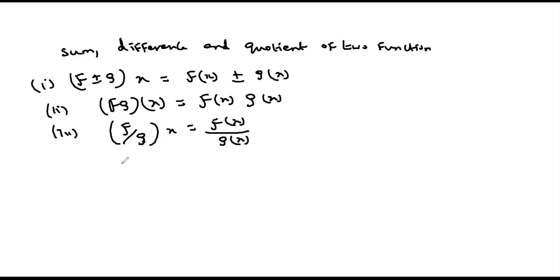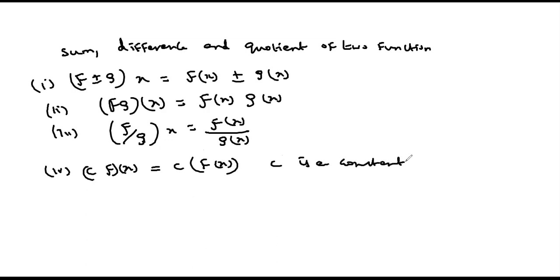Okay, is the concept clear? And the fourth subdivision: c into f of x is equal to c times f of x. We can split that constant separately. Okay, c is a constant. Did you understand?